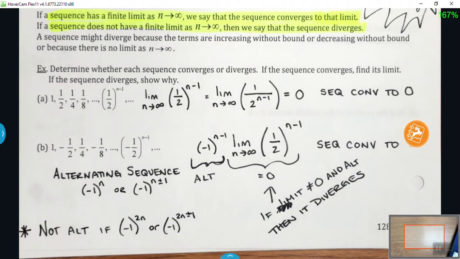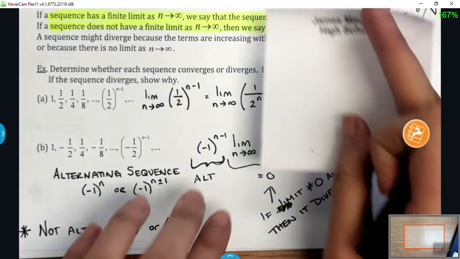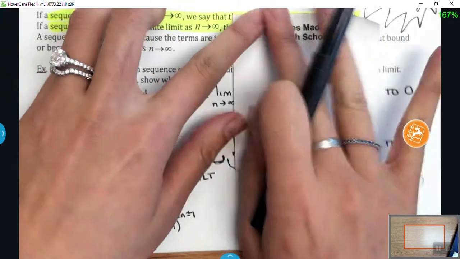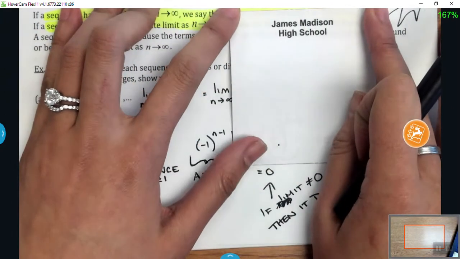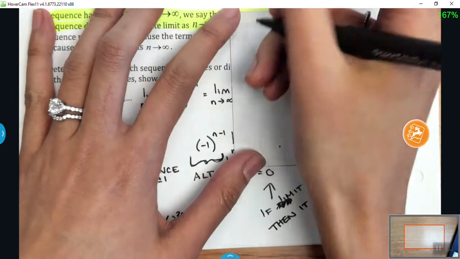Where did we get the negative 1 to the n minus 1? We just pulled it out, like I made this to this power, and then the 1/2 to that power, right? Okay, let me explain why. Let's say you have a function, and I think you're on the right track.